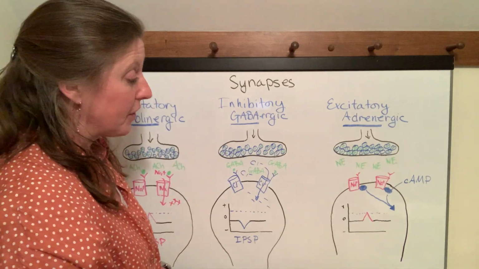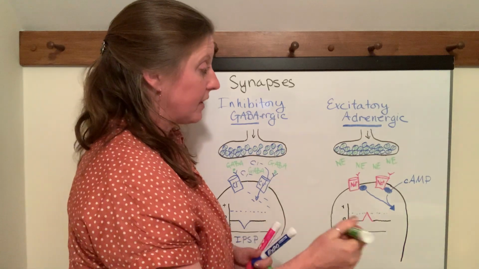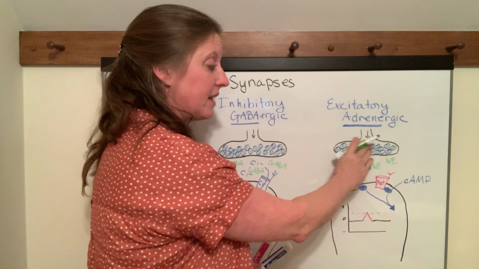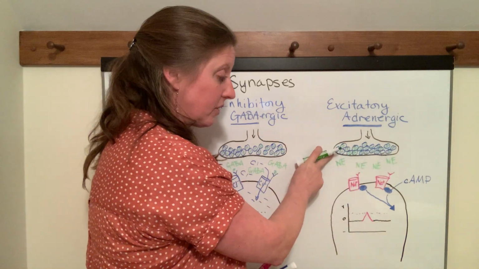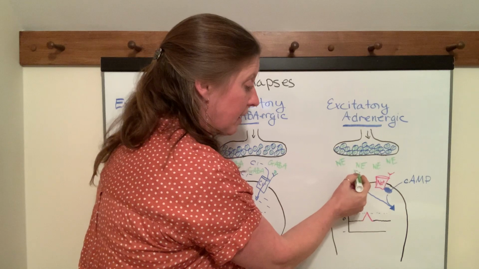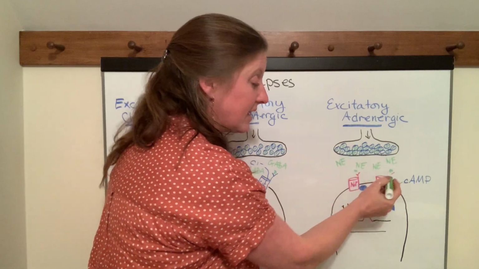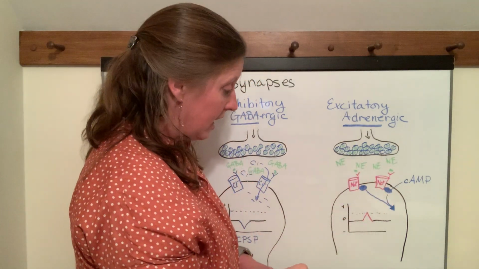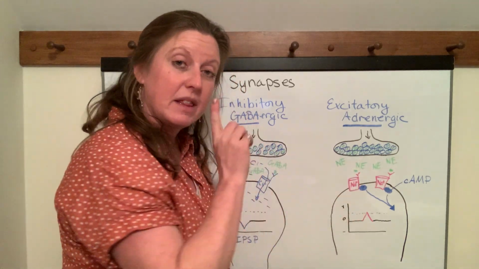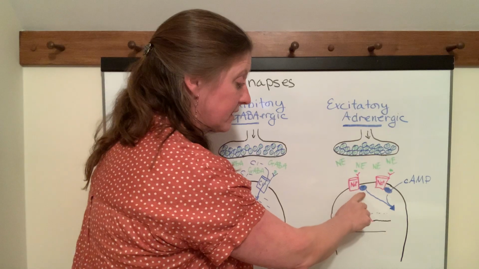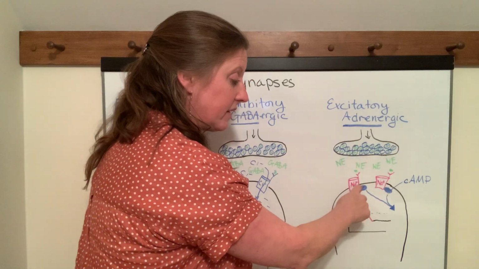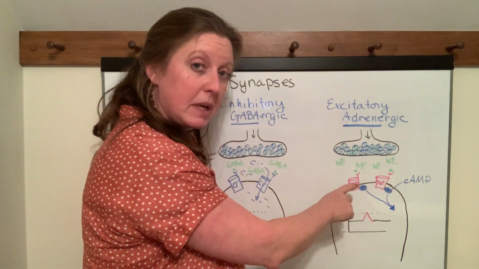Now, the third kind of synapse I have here, the excitatory adrenergic: an action potential arrives at the axon terminus. The vesicles release the neurotransmitter norepinephrine. Norepinephrine binds to its receptor on a different kind of sodium channel, and that depolarizes the cell. But in this case, instead of the cell having an action potential, it causes something called cyclic AMP.